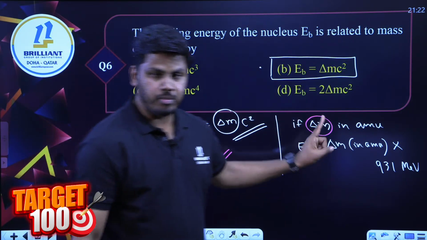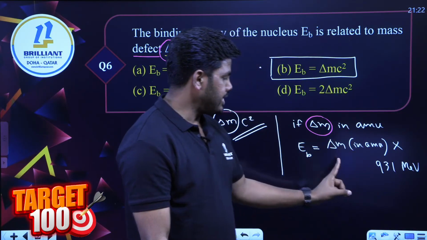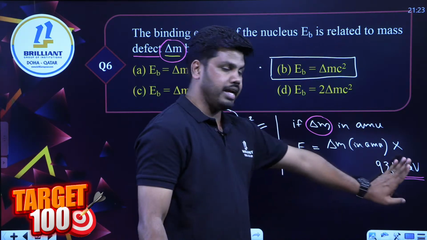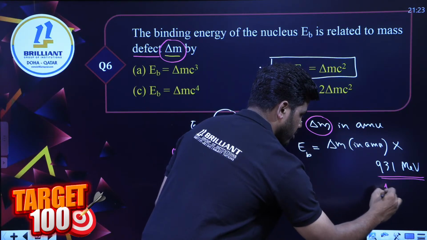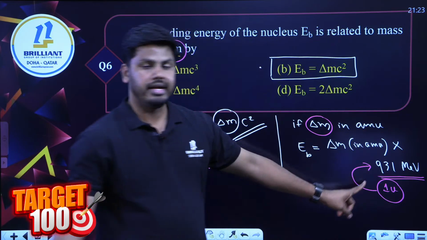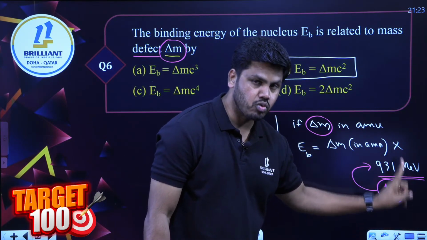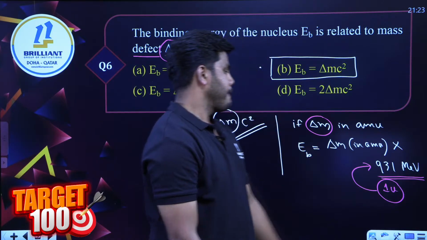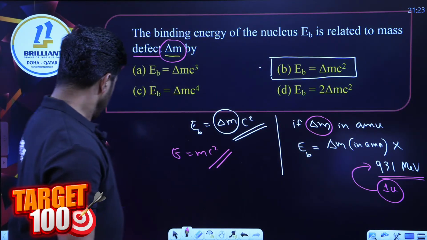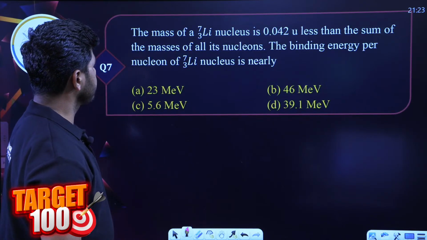But numerically we calculate it in an easier way, multiplying delta M with 931 MeV, because 931 MeV is the energy equivalent of one atomic mass unit. If you convert one atomic mass unit into energy, you get 931 MeV, not joules, mega electron volt. So delta M in atomic mass unit into 931. Question number 6, option B is the correct answer. Moving on to the next.